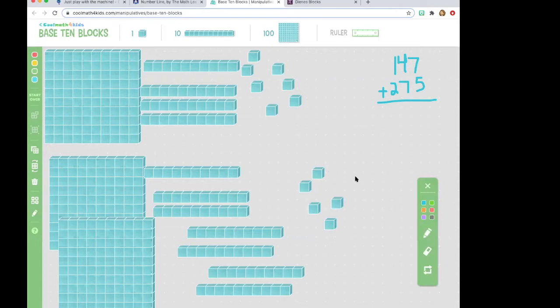All right, so let's think about Marcel's strategy. He goes left to right, he doesn't start with the ones, like in the standard algorithm. So he sees 1 flat, 100, and 2 flats to get 3 hundreds, 3 flats. We see that right there. 1, 2, 3. Now I'm thinking, okay, move to my tens column, my rods. 1, 2, 3, 4, 5, 6, 7, 8, 9, 10, 11.